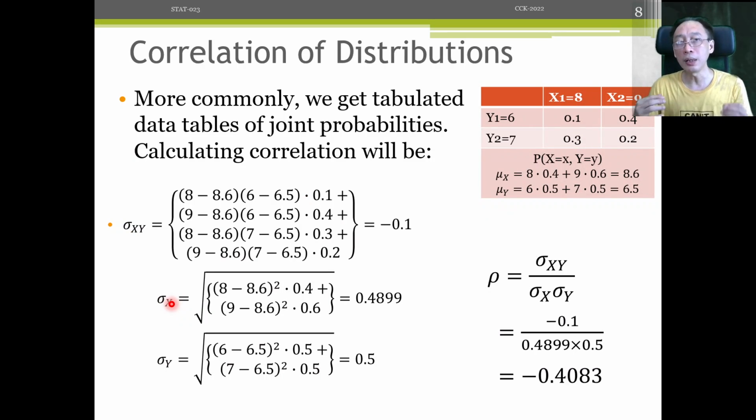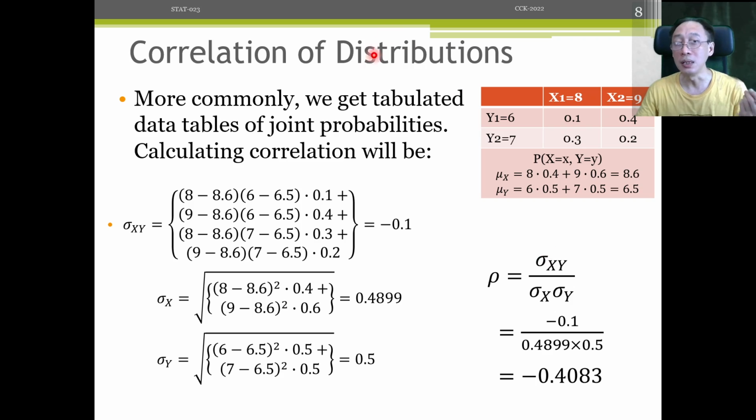Next, on calculating the correlation of a given probability distribution. Because correlation involves two random variables, it most likely will come in the form of a table like this, which we have seen when we calculated covariance on distributions. So not surprisingly, we are again going to use covariance divided by the standard deviation, population covariance in the sense, so sigma xy.